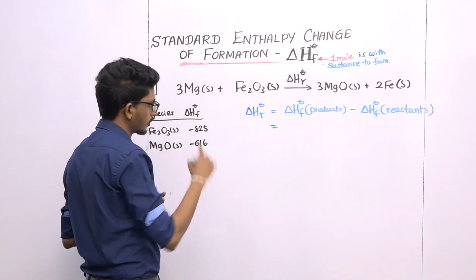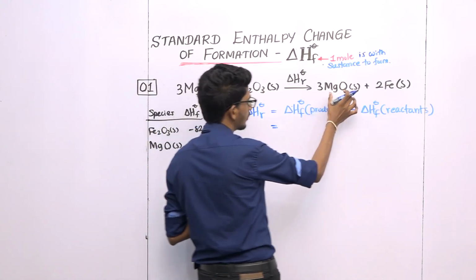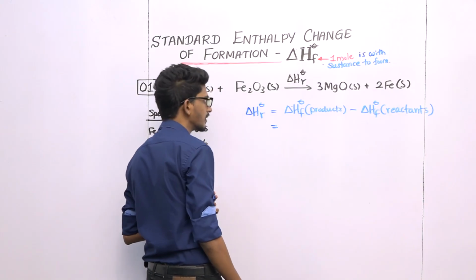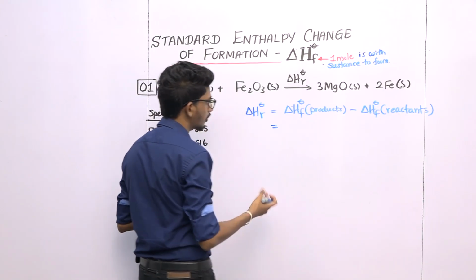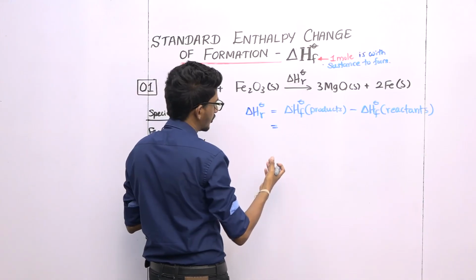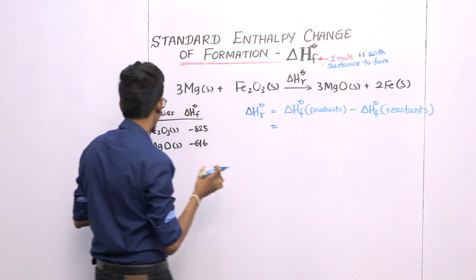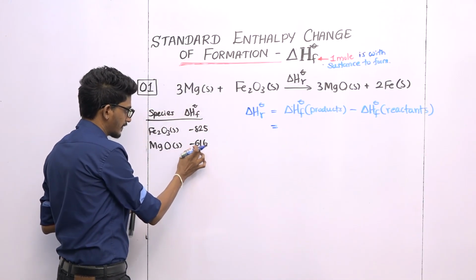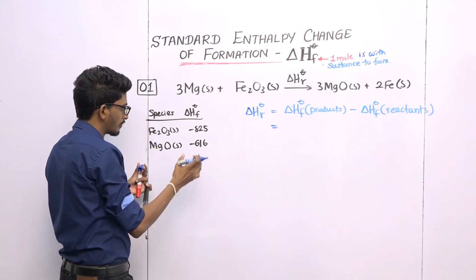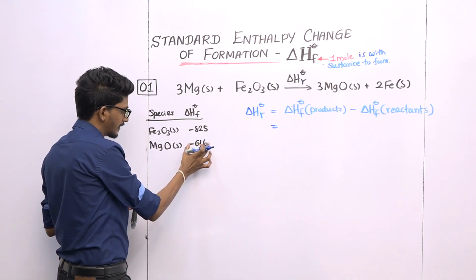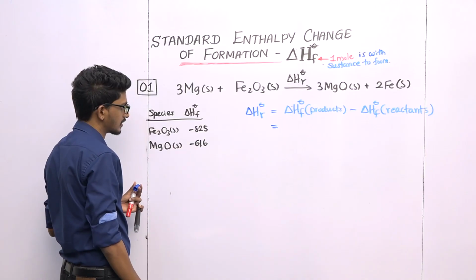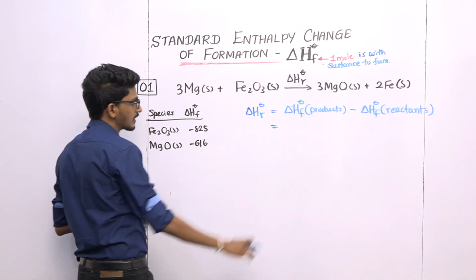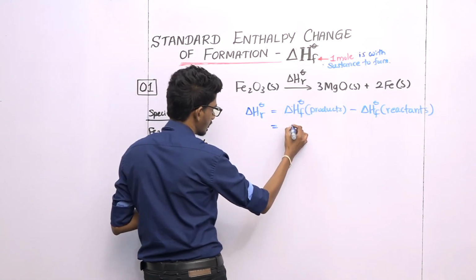As products, magnesium oxide and Fe solid appear. The delta H F of 1 mole of magnesium oxide is minus 616, the enthalpy change to form 1 mole, but we have 3 magnesium oxides, so it should be multiplied by 3.